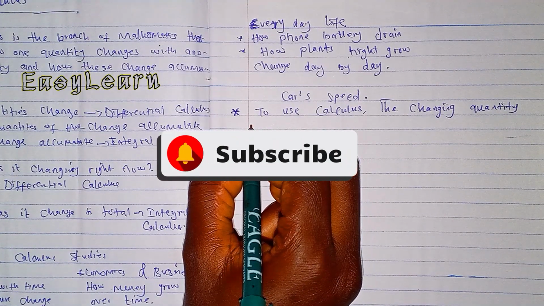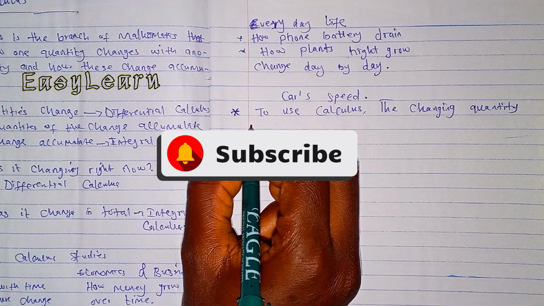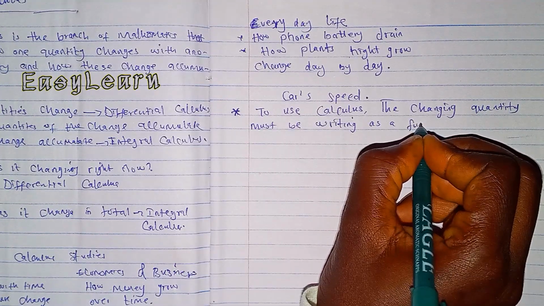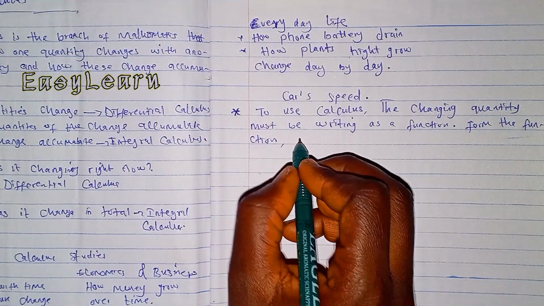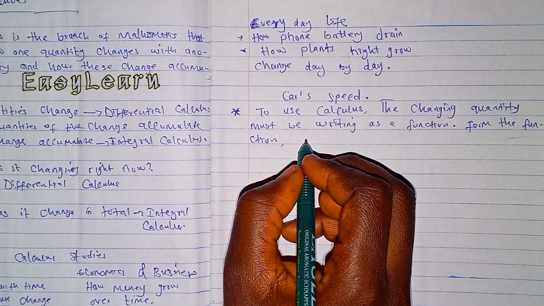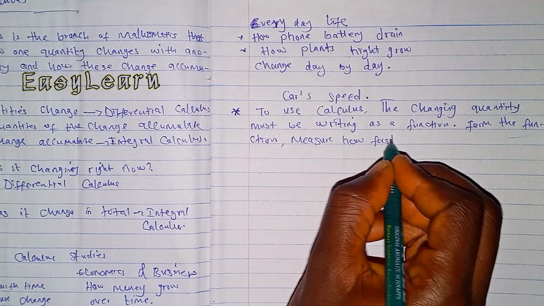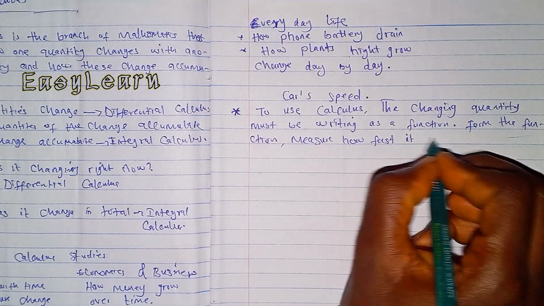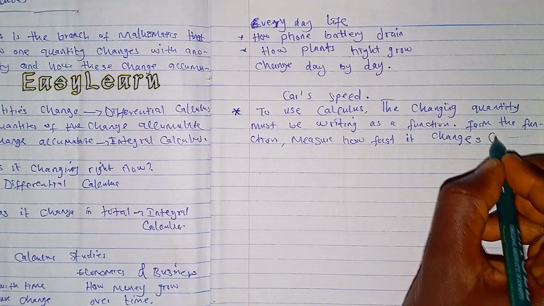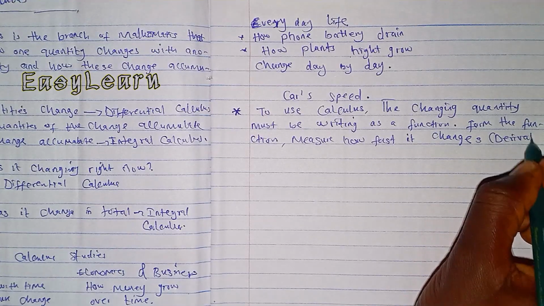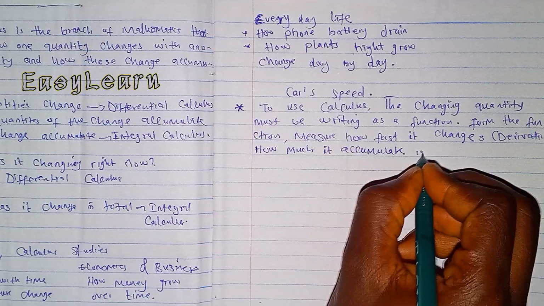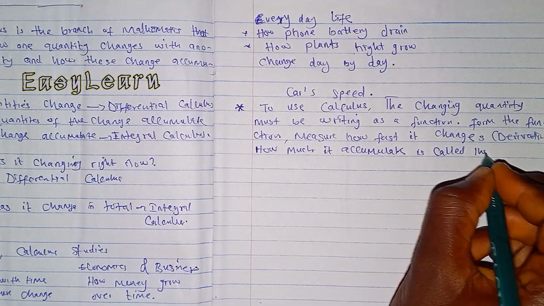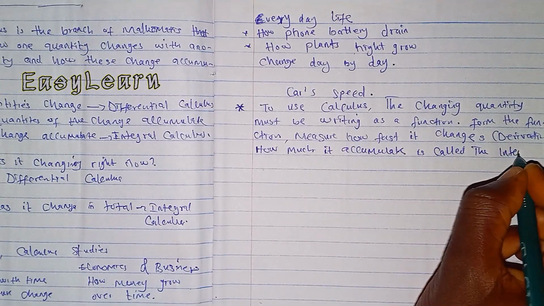Then measure how fast it changes. To measure how fast it changes is what we call the derivative. It is called the differential part of calculus.